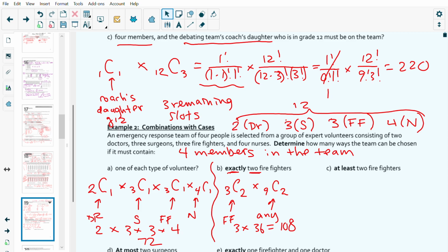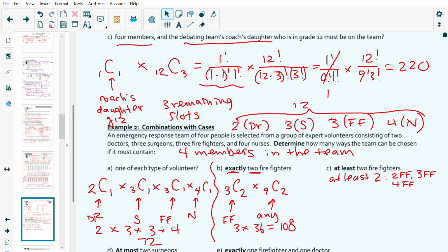How about at least 2 firefighters? Okay, at least 2 firefighters. At least 2 means 2 firefighters, 3 firefighters, or all firefighters, 4, right?